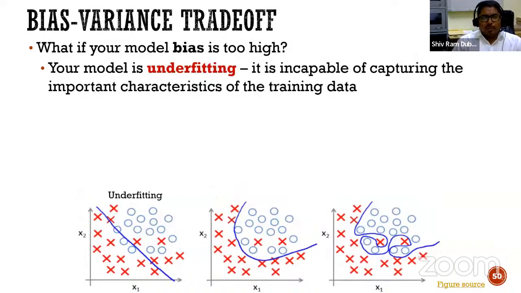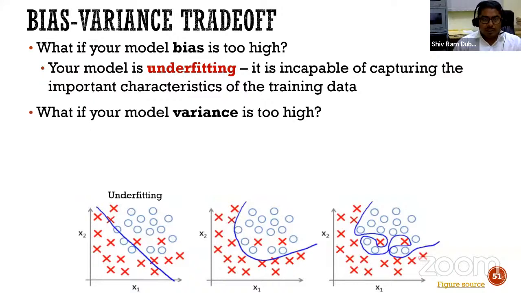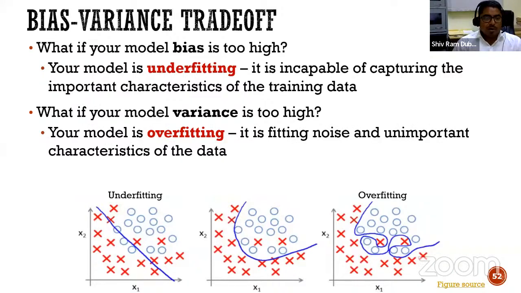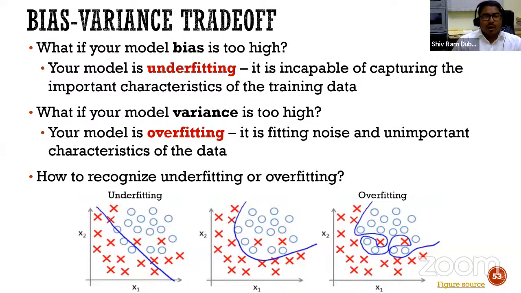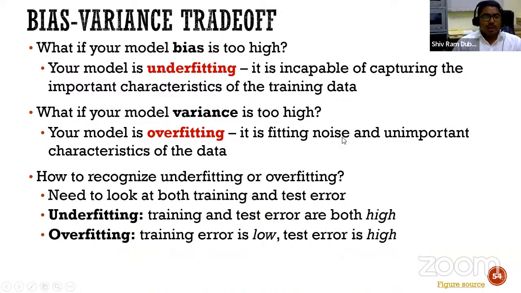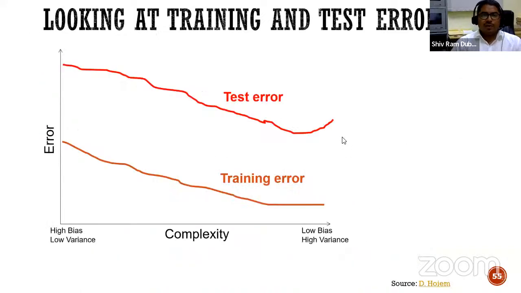So if your model's bias is too high, that is underfitting, and we need to increase the complexity of the model. If it has very high variance, then that is overfitting. How can we recognize whether it is underfitting or overfitting?